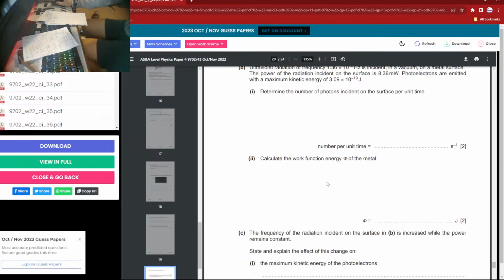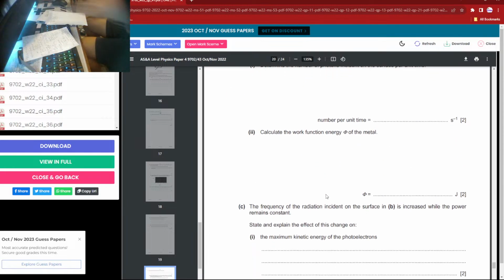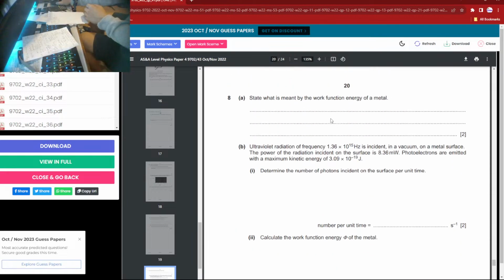Okay, next one, calculate the work function energy of the metal. So from this one, the equation is hf is equal to work function plus KE, kinetic energy. So you know the kinetic energy is 3.09 times 10 to the power of negative 19.